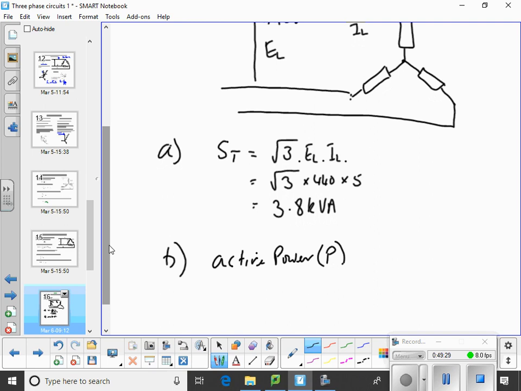I can start to draw this power triangle, can't I? I've got S equal to 3.8 kVA, and I've got cosine of that angle equal to 0.8, I think it was in the question.